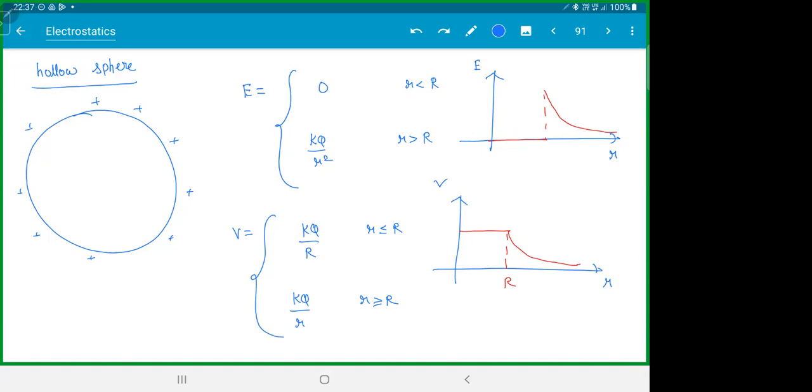Copied. There's no discontinuity in the second graph. It's a continuous graph, the second one. Because see now, when you keep small r equal to capital R, the values will be the same for both. Clear?